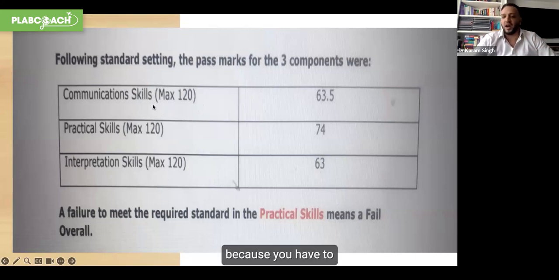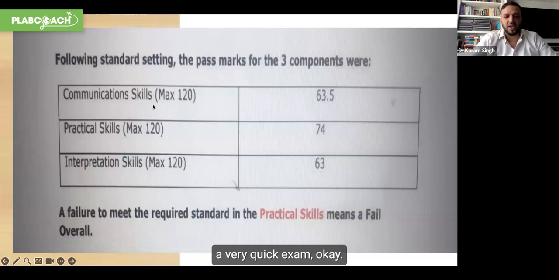It's difficult because you have to pass all 3, but all I can reassure you is that you need to not only listen to me and practice amongst each other. You have to go into this exam with the belief and the confidence that you are going to pass.